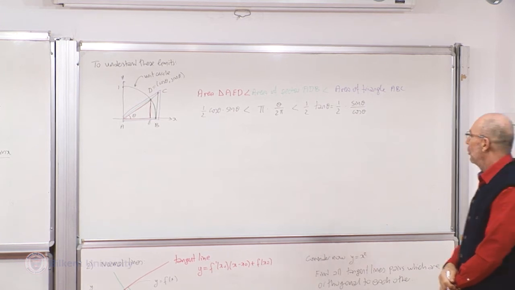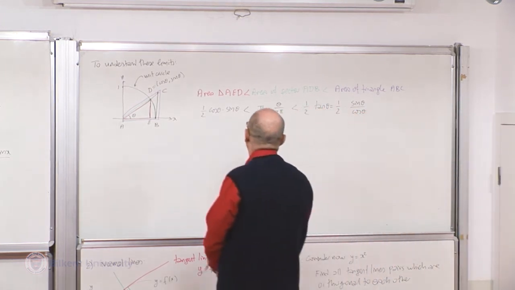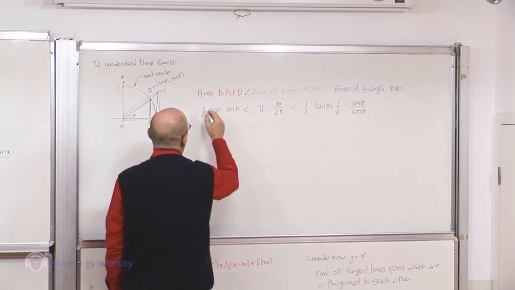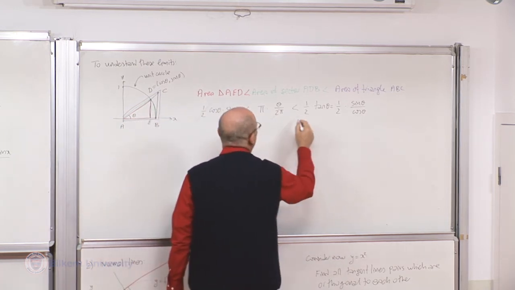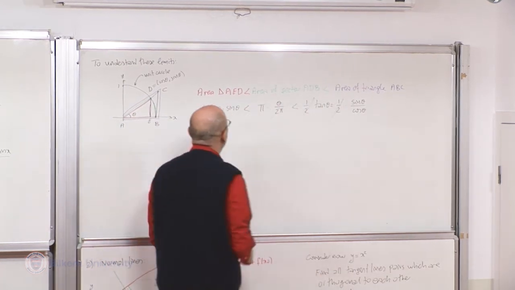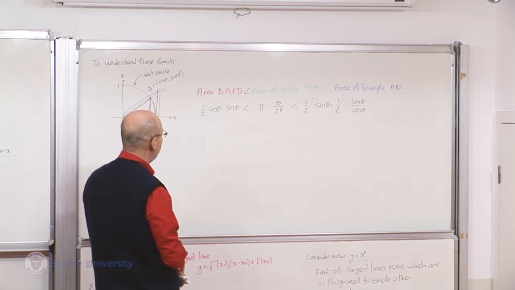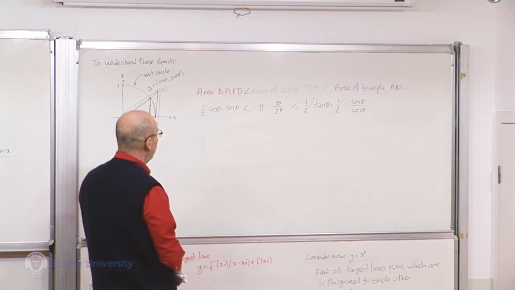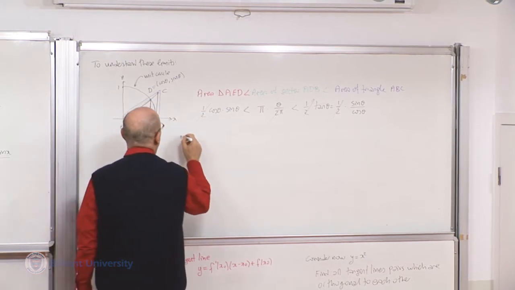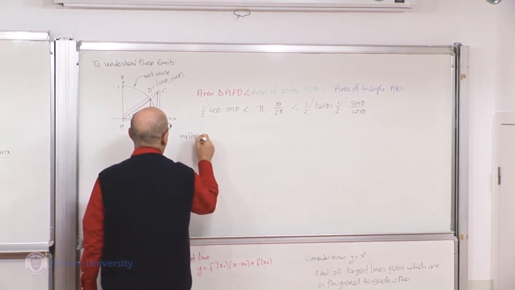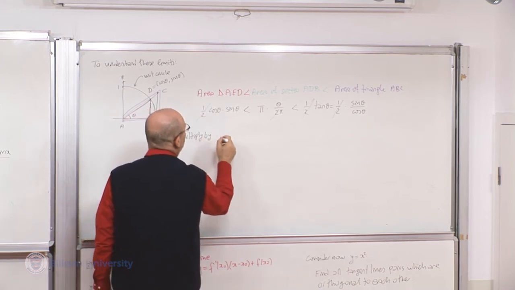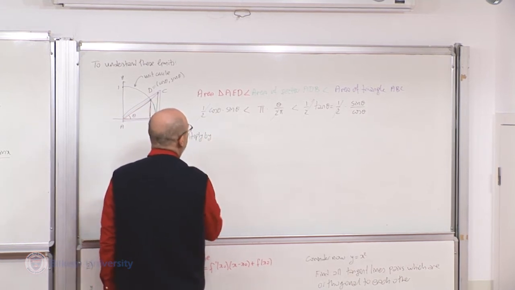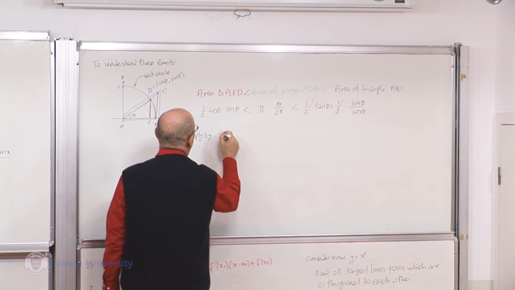Let's get rid of the 1 over 2's. I want to multiply everything by cosine theta and divide by sine theta.